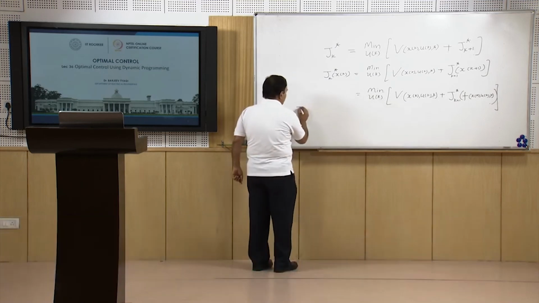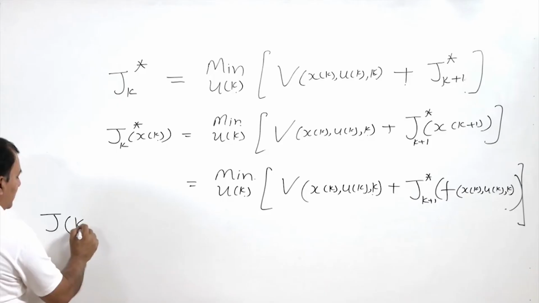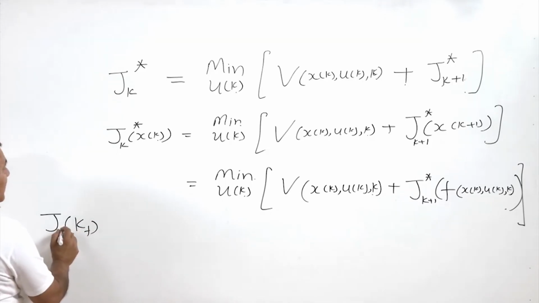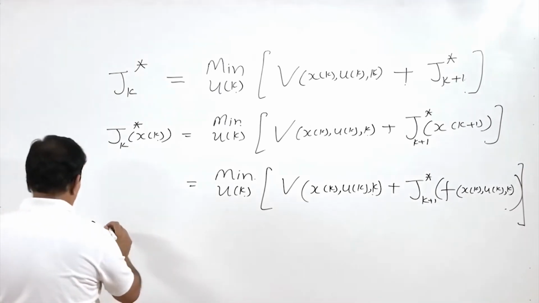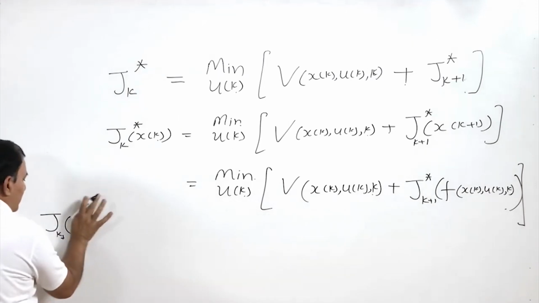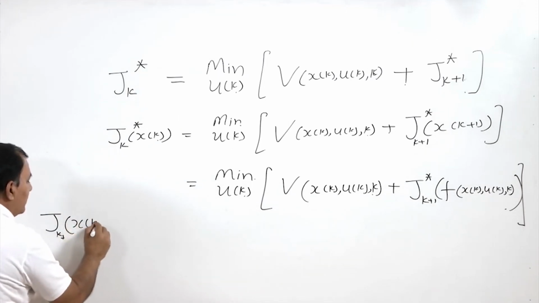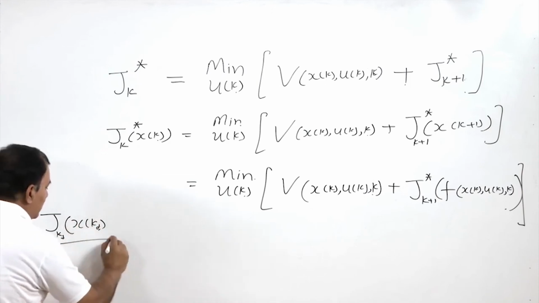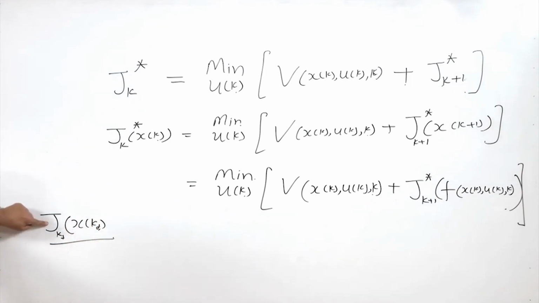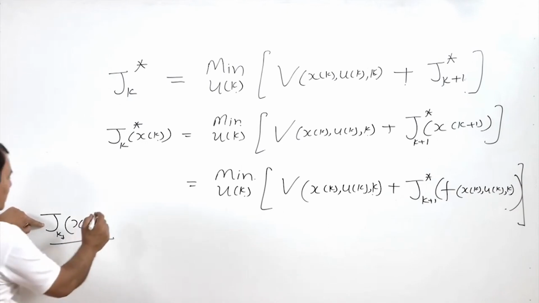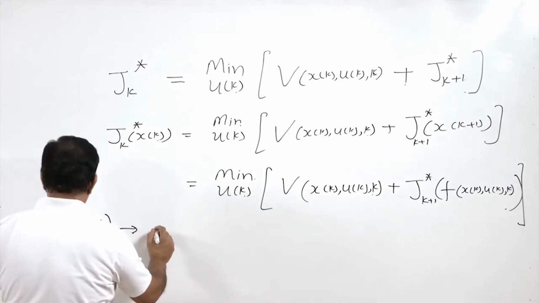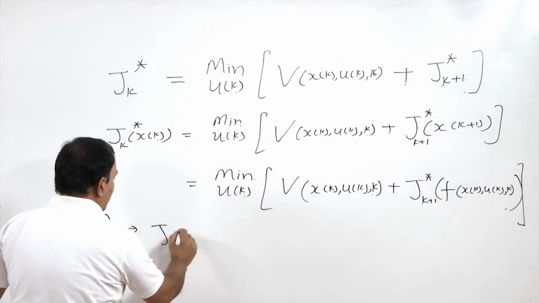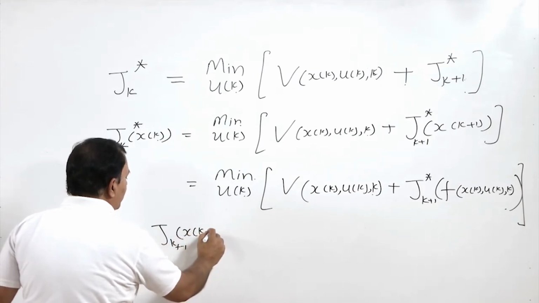This means our steps will be to find out J*kf at the kf point, J of x of kf, because this is the terminal cost, I already know this. So, I can find this, then find J*(kf minus 1), x of kf minus 1.